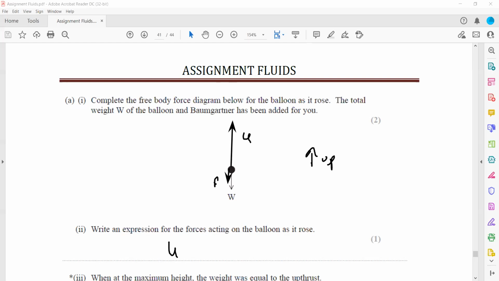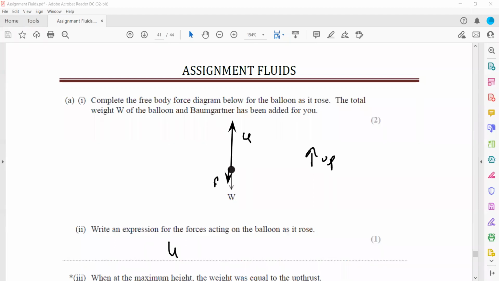and whenever there is a resultant force, if in the question they mention it is rising at a constant speed, then we'll say the upthrust is equal to viscous drag plus the weight.